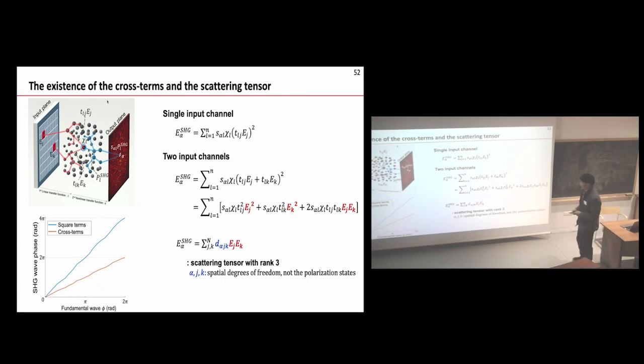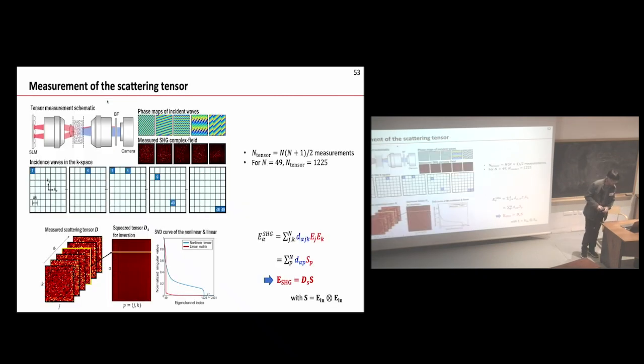Okay. So in any case, to properly describe this nonlinear scattering medium, you should measure these components, which are elements of the scattering tensor of rank 3. And in order to measure that, if it were a linear medium, then probably you turn on each channel and then you measure it, then you are all set.